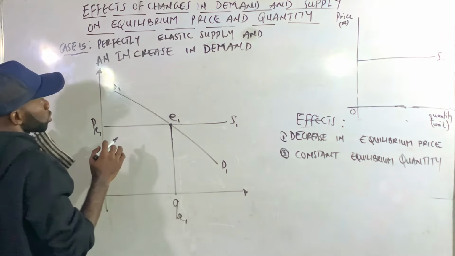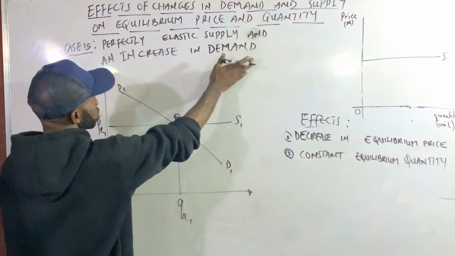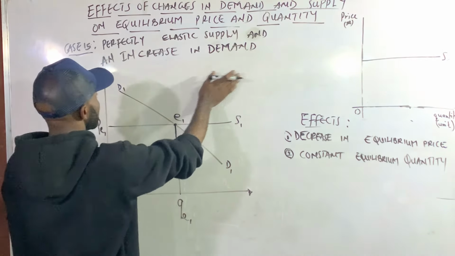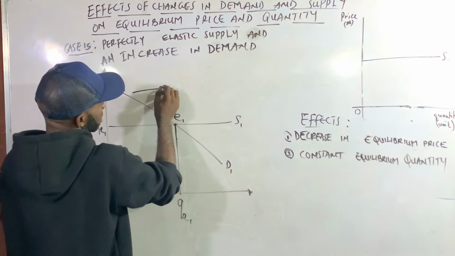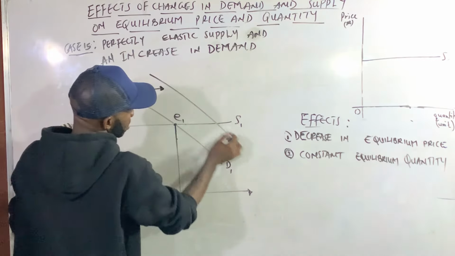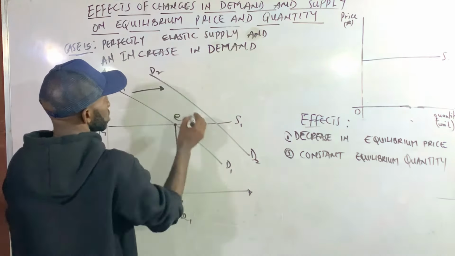The examiner says we should obey the instruction of a perfectly elastic supply and an increase in demand. An increase in demand is a rightward shift of the demand curve, which gives us D2 in this form.